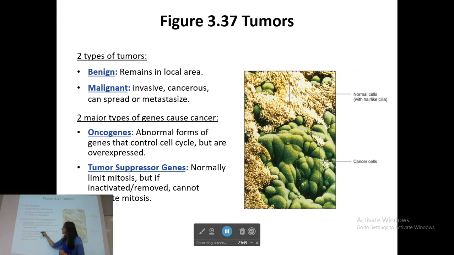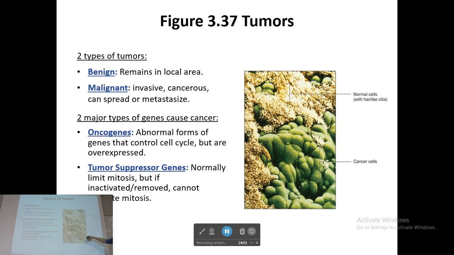Okay, so if something happens there to that tumor suppressor gene, then it is no longer suppressing the tumor, then that area is going to continue to divide and grow uncontrollably.